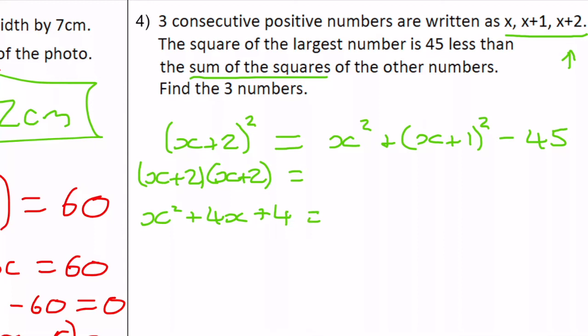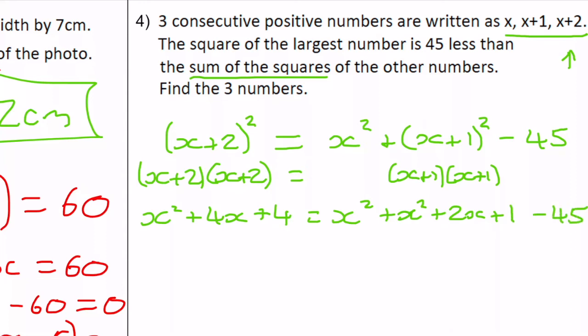So just be careful, whenever you're doing double brackets, imagine it as 2 brackets next to each other, if it's a squared. Then we've got our x squared from before, then remember this one is x plus 1, lots of x plus 1. So we get an x squared, then we're going to get 2x when I have 2 lots of 1x, and a 1, and then minus 45 at the end.